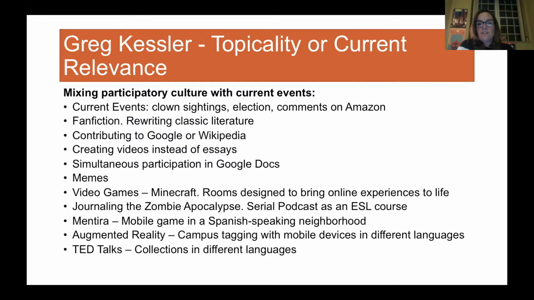All of these things are completely real world. They are things that the students could go and access on their own, but you can also use the target language to talk about them. Fan fiction, so rewriting classic literature, looking at Harry Potter and how we could write a story that continues the story of Harry Potter, but in the target language.